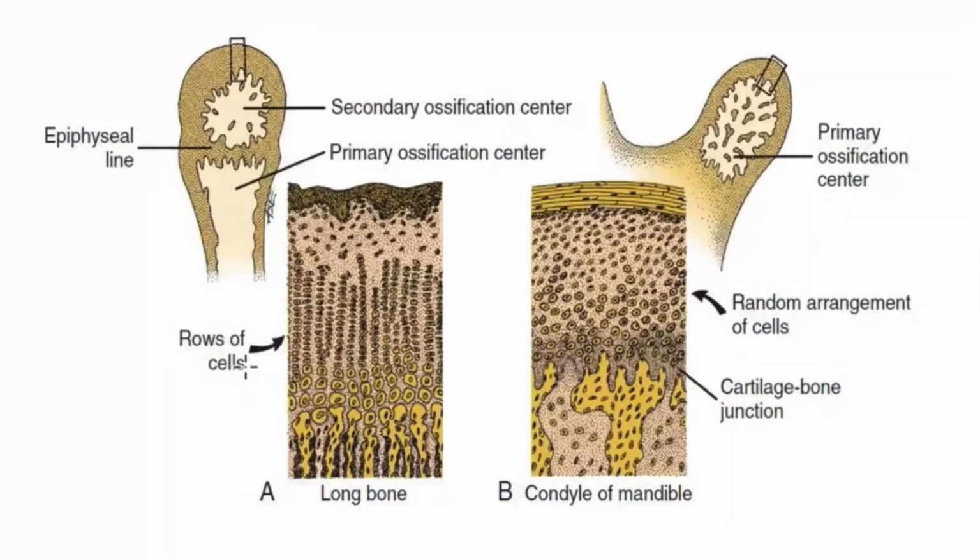What we said is the second difference: in long bones, we have organization in long rows that approach the bony junction, whereas in the condyles, the organization of the chondroblasts is scattered.